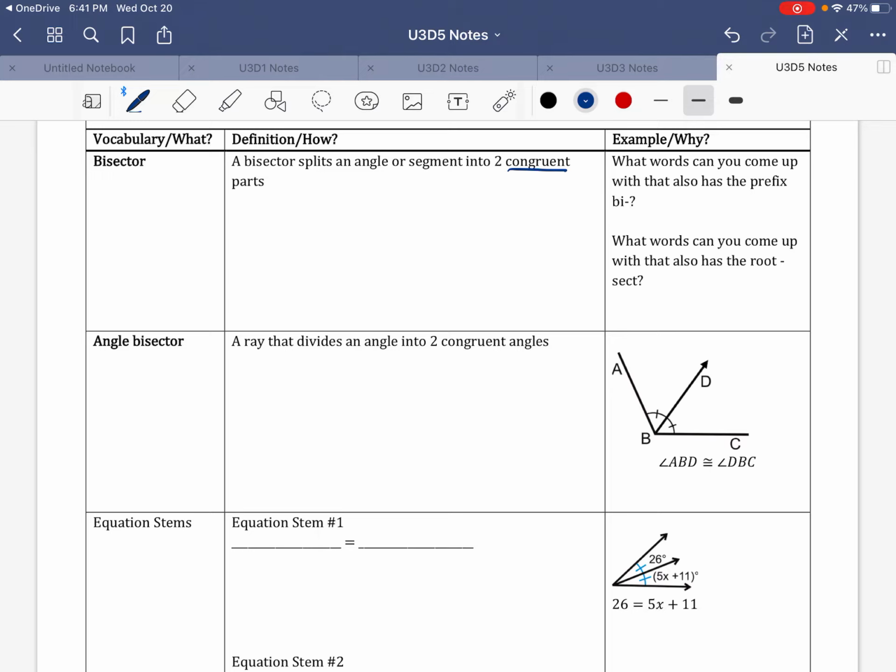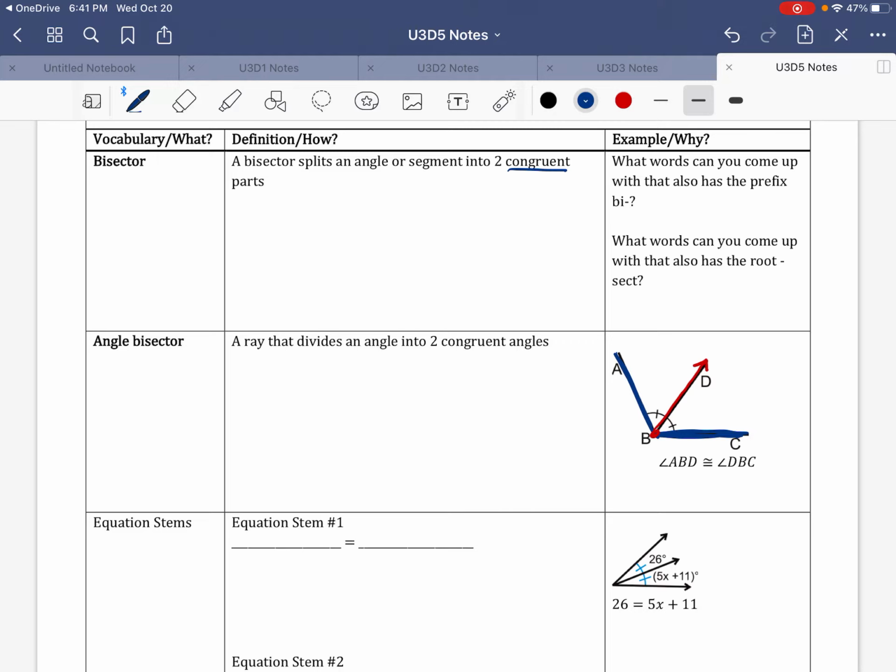An angle bisector is specifically a ray that divides an angle into two congruent angles. So if we start with angle ABC, which is this large obtuse angle here, and we have ray BD, that is a bisector.